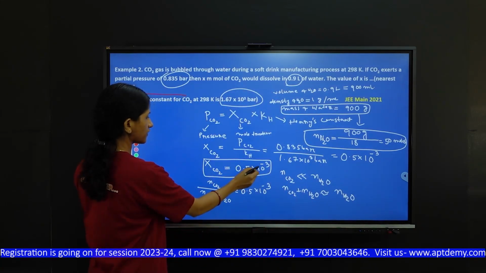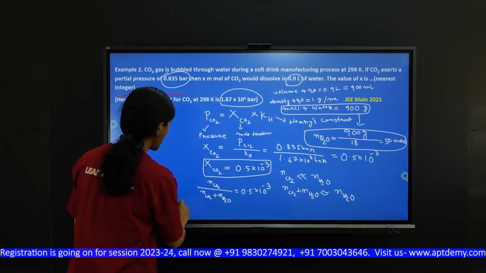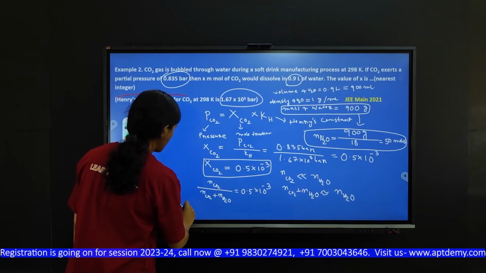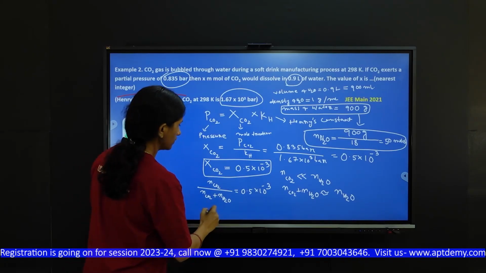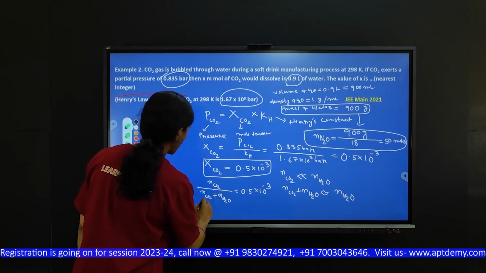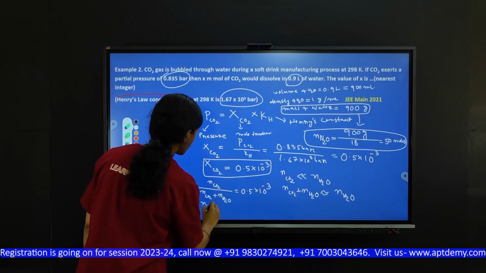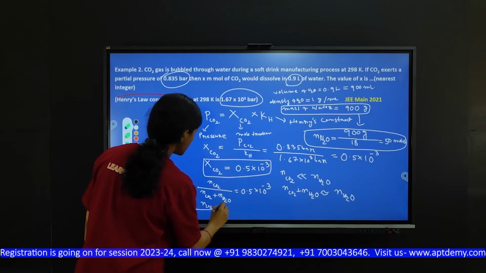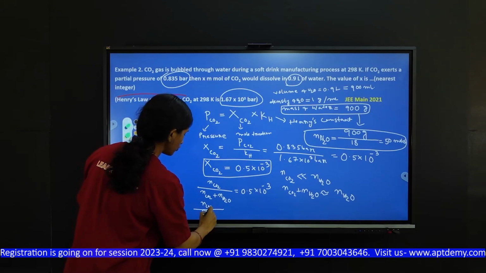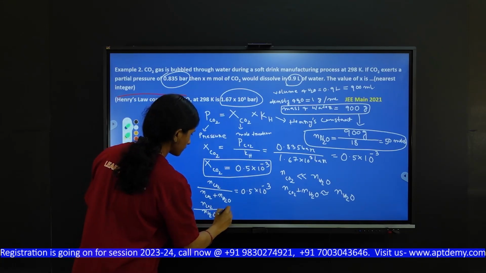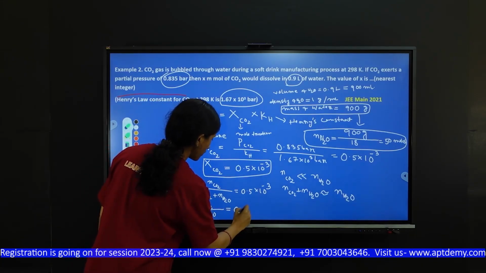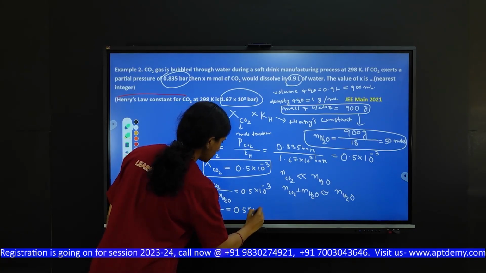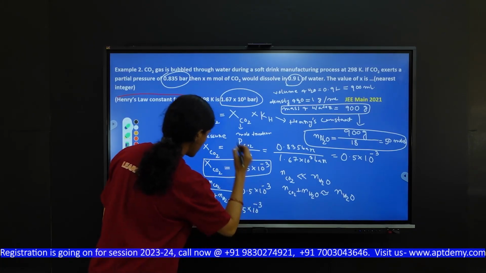So from this expression then what can we get? NCO2 divided by NH2O is equal to 0.5 times 10 to the power minus 3.